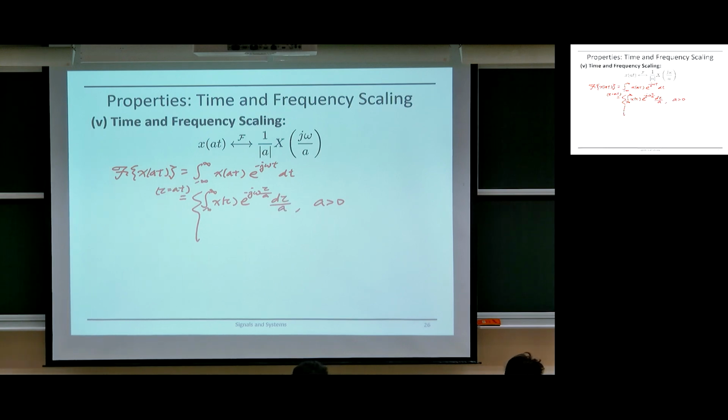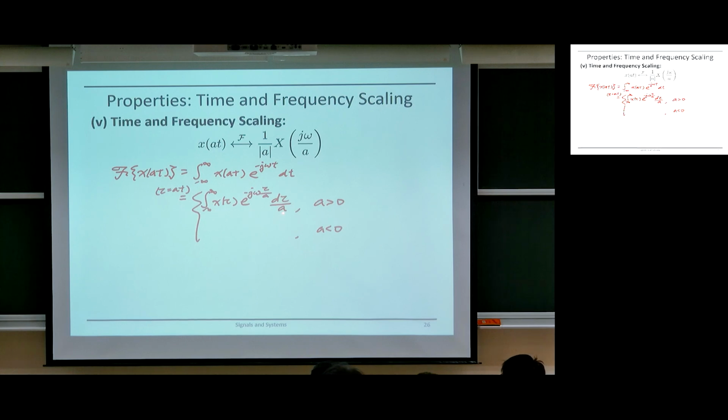Okay? So t becomes tau over a, and dt becomes d tau over a. Right? Now, when a is less than 0, this is the same: a of t becomes tau, t becomes tau over a, dt becomes d tau over a.